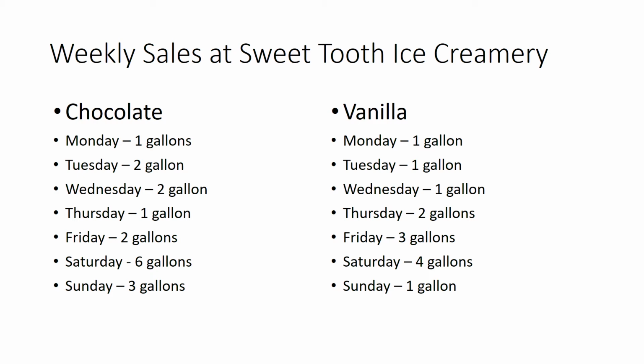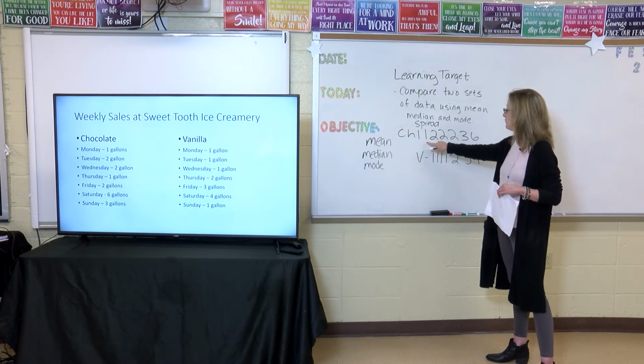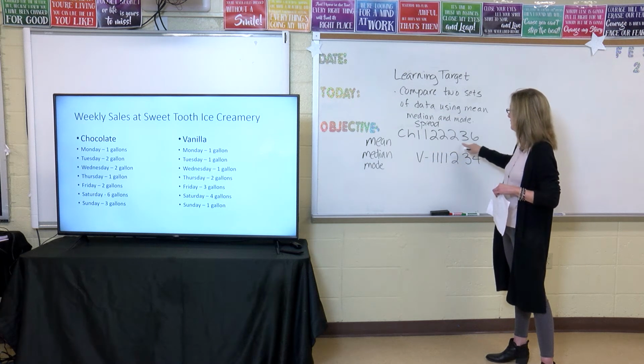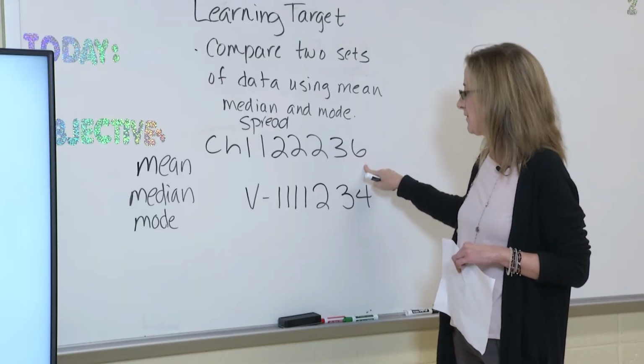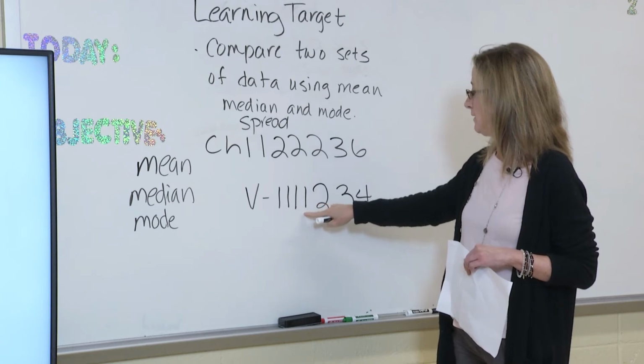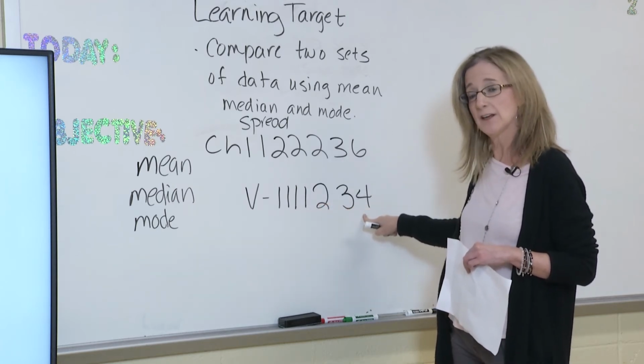You see how I wrote them in order from least to greatest. 1 1, 2 2 2, 3, 6. That's how many gallons of chocolate they sold. 1 1 1 1, 2, 3, 4. That's how many gallons of vanilla they sold.